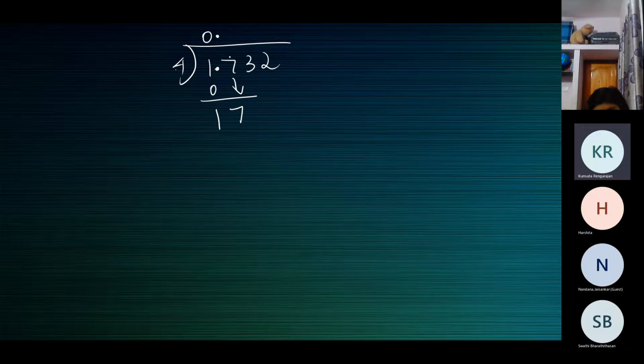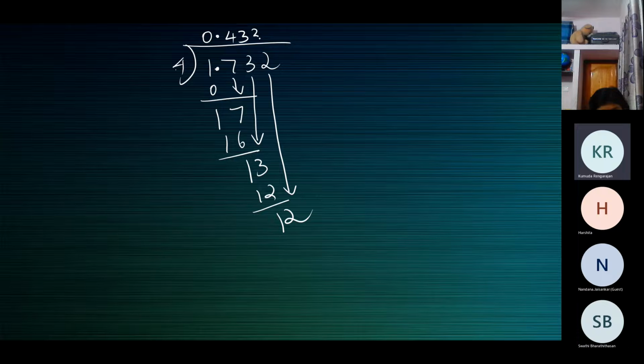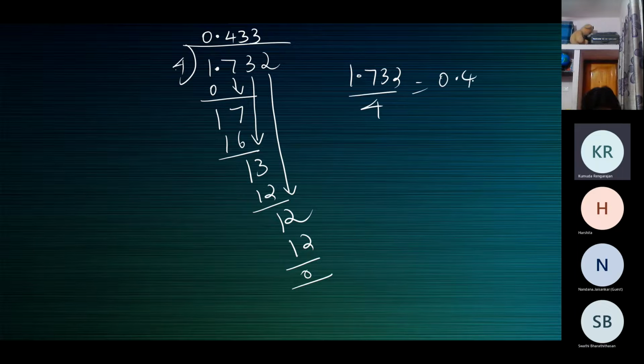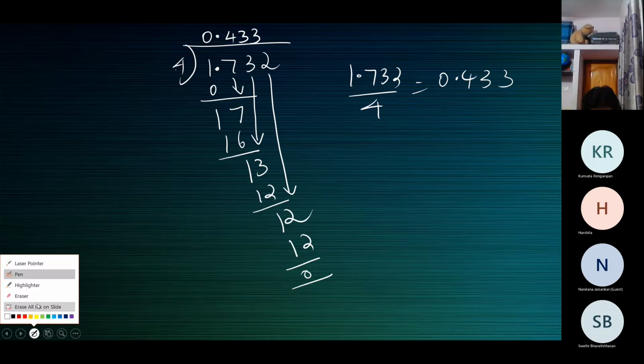So place a decimal point and then bring the 7 down. 4 fours are 16. 1 is the remainder. 3 comes down. 4 threes are 12. 1 is the remainder. 2 comes down. 4 threes are 12. 0 is the remainder. So 1.732 divided by 4 is 0.433. Now coming to the perimeter.